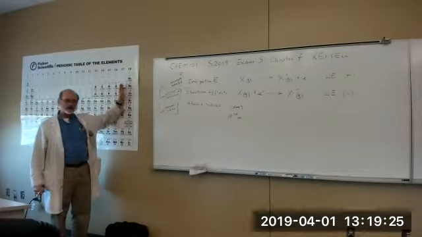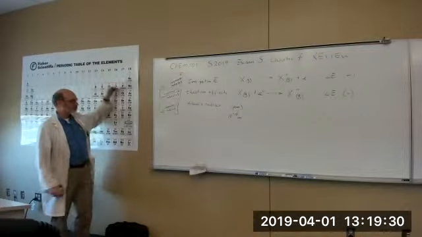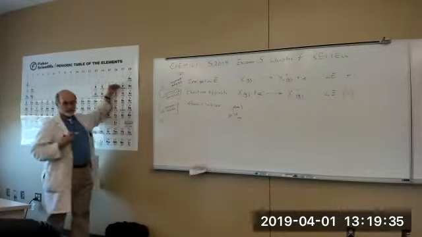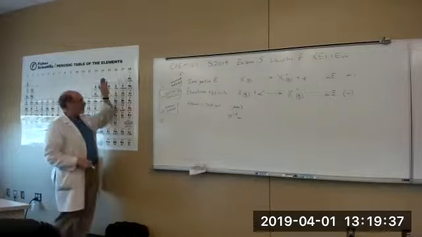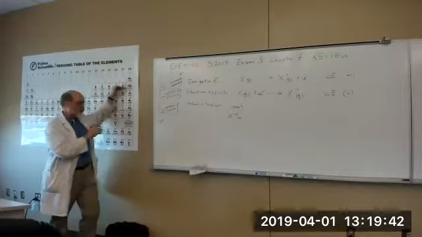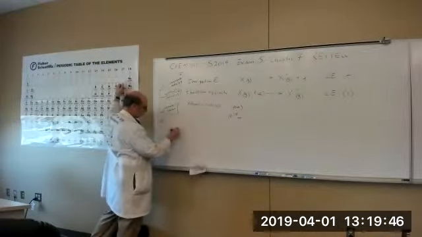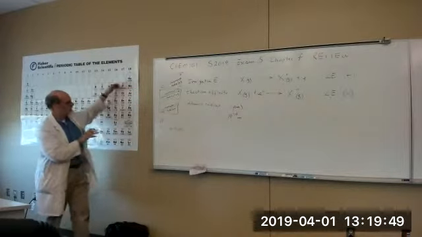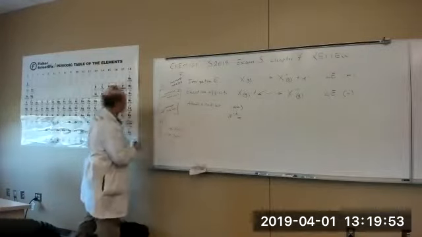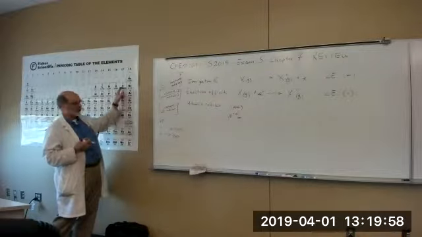In other words, you're trying to expel an electron from a smaller principal quantum number, right? And remember, the smaller the n number, the lower the energy. So in order to go from 1, for instance, to infinity, which is ionization, takes more energy than it does to go from 2 to infinity. That's why ionization energy increases as you go up.